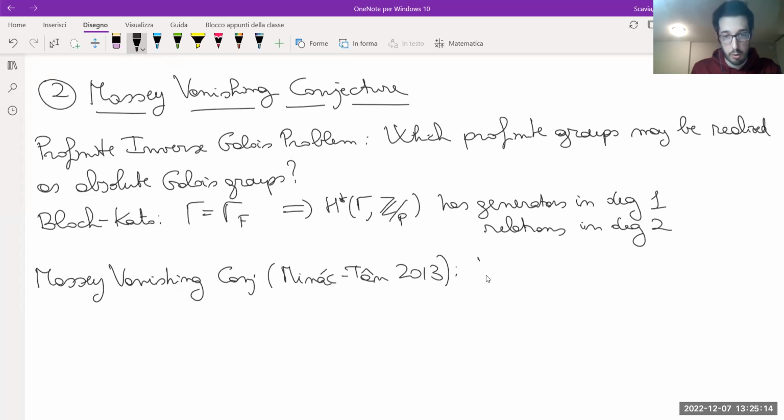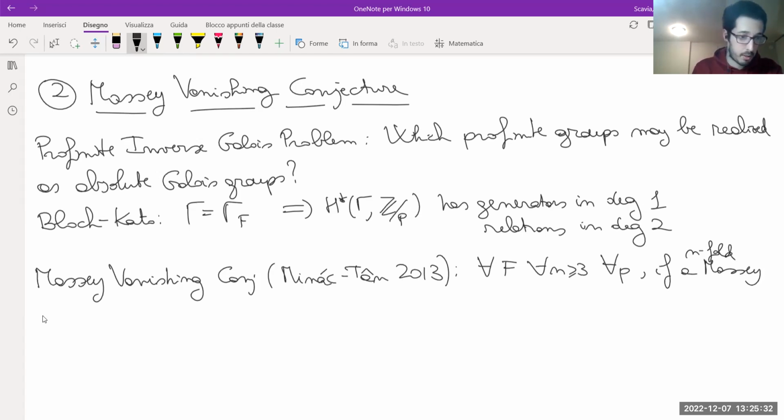This is their conjecture: for all fields F, for all n at least 3, for all primes p, if an n-fold Massey product is defined, then it vanishes.